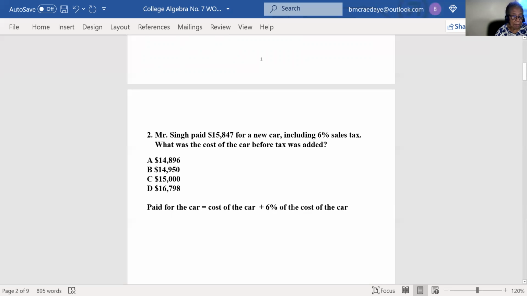Now, 6% means you multiply the 6% by the cost of the car, which you change to decimals, and that becomes 0.06. So what he paid for the car is $15,847. Is equal to, and let's let C equal the cost of the car.